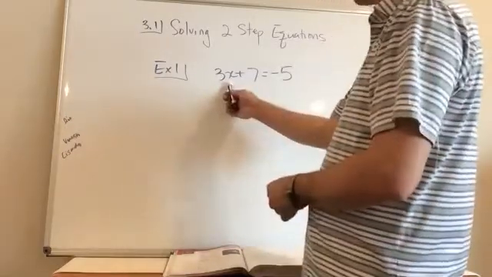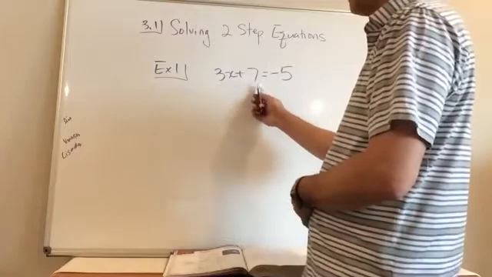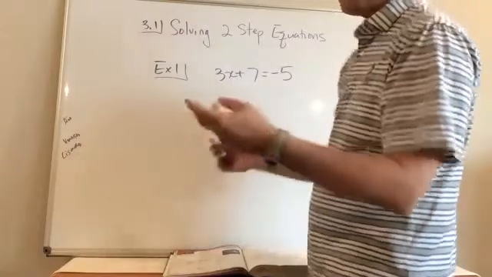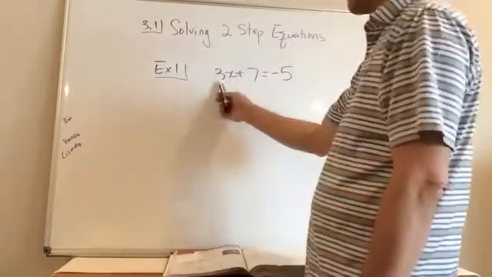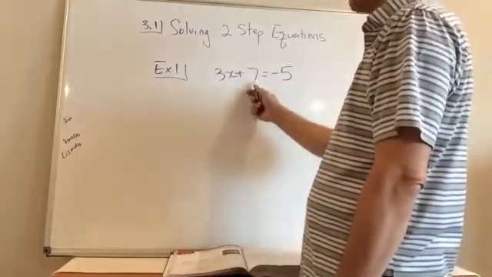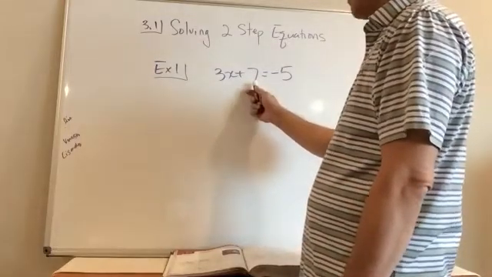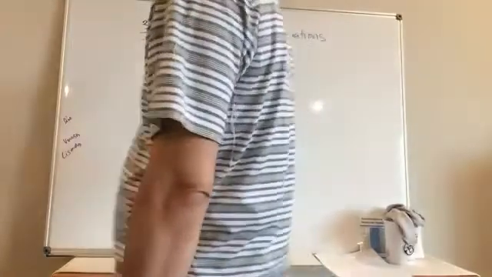So in order to isolate x by itself, I really have only two options here. I can get rid of the 3 or I can get rid of the 7. Can anybody tell me how I would get rid of the 7?